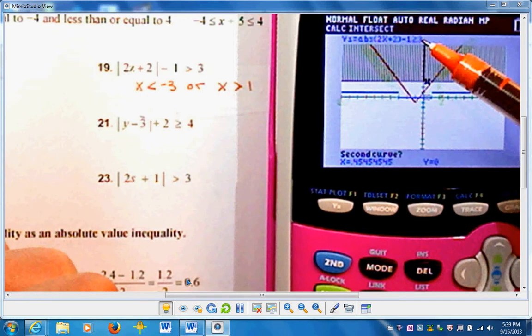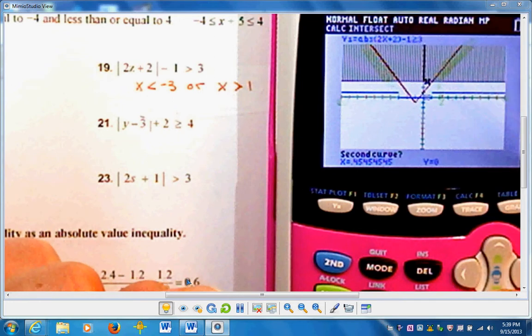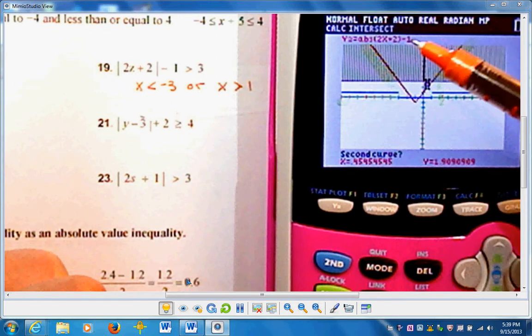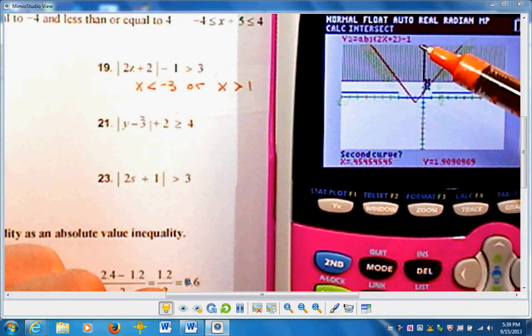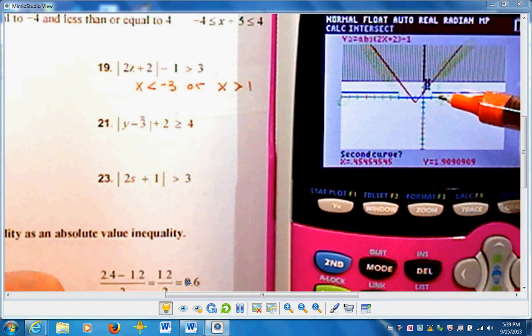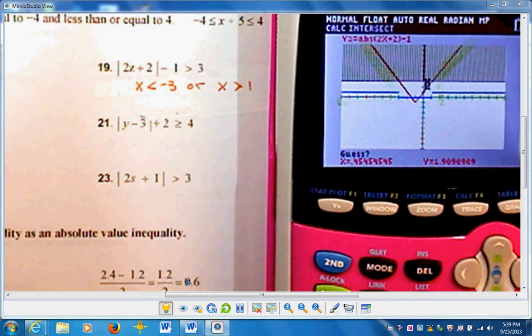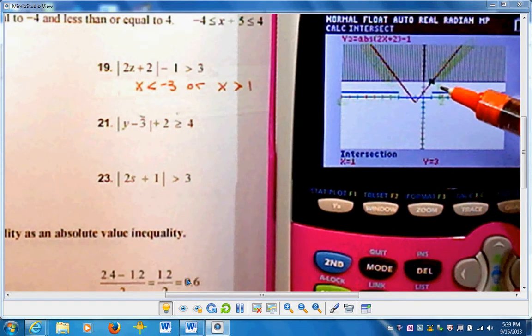I don't want y1, I want y2. So I'm going to push down again. So notice it's on y2 now, just my absolute value. It's really close to my intersection, so I'm going to push enter, enter, and I'm right there at x equals 1. So what values of x do I want?